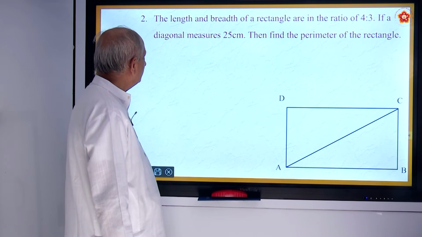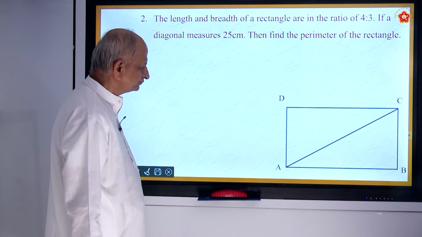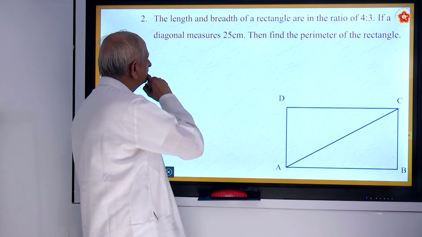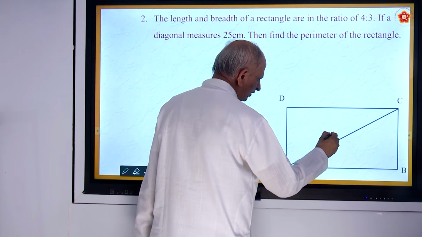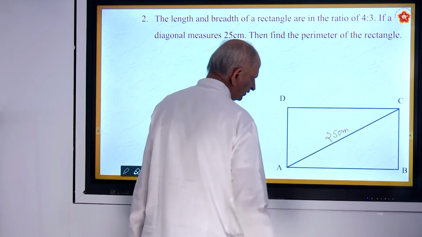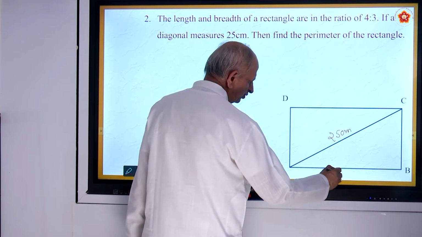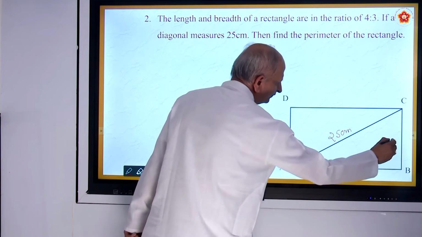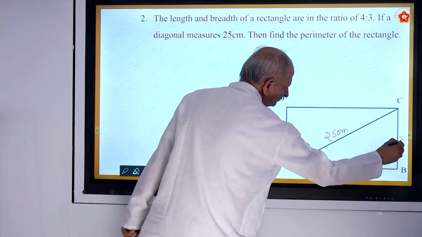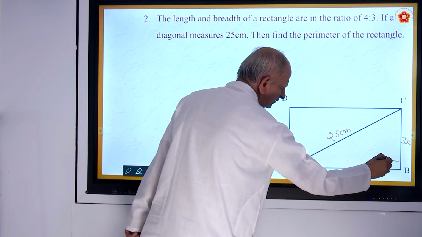In the second question, the length and breadth of a rectangle are in the ratio of 4:3. So, if the diagonal measures 25 centimeters, so diagonal is 25. Here length is not known, so we will take it as 4x and breadth as 3x, since 4:3 ratio is given, and this angle is right angle.